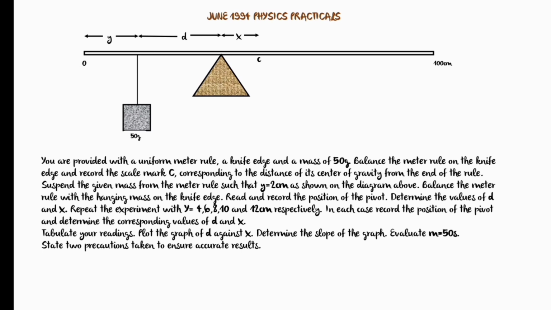Plot the graph of D against X. Determine the slope of the graph and evaluate M equal to 50S. The S there stands for the slope. Lastly, state 2 precautions taken to ensure accurate results. So we proceed now.